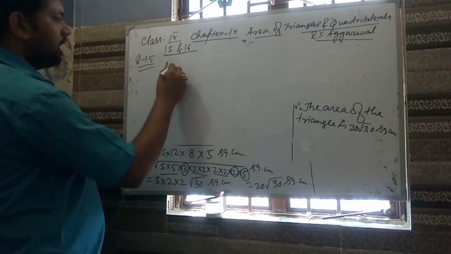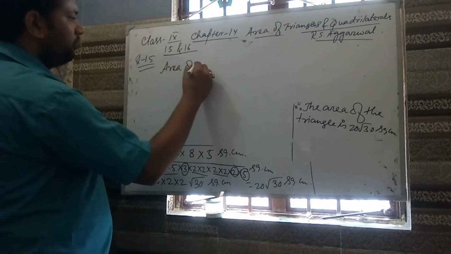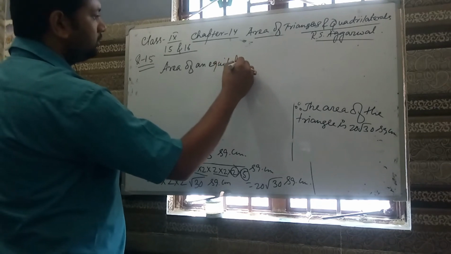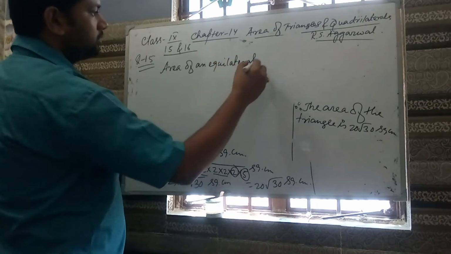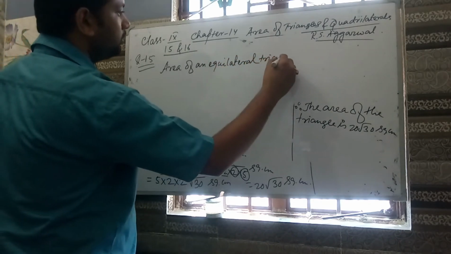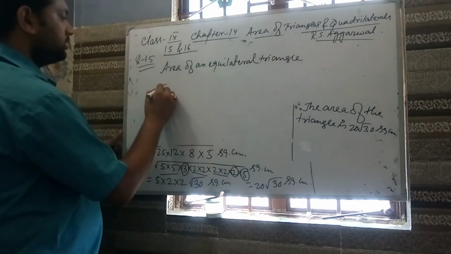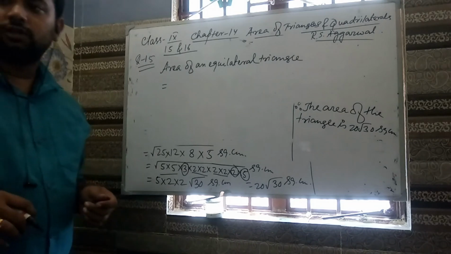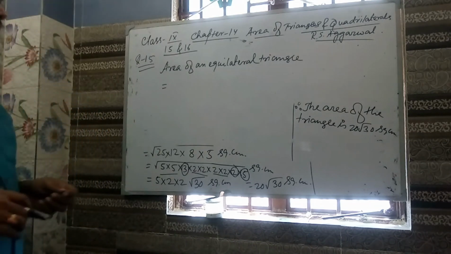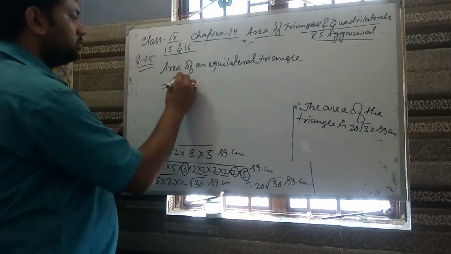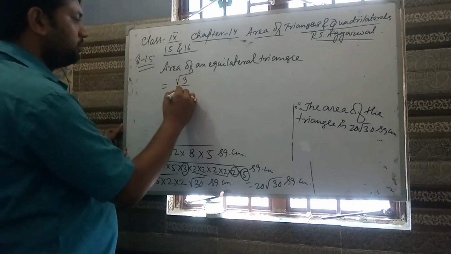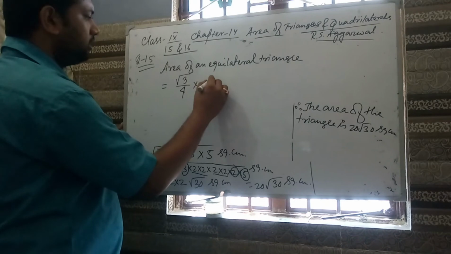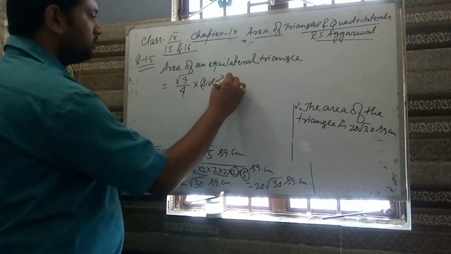Write down, area of an equilateral triangle is, anyone? Can you recall? It is root 3 by 4 into side square.